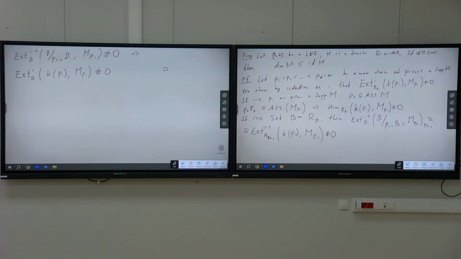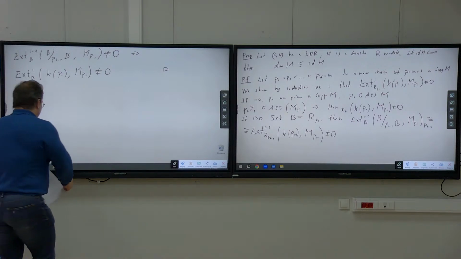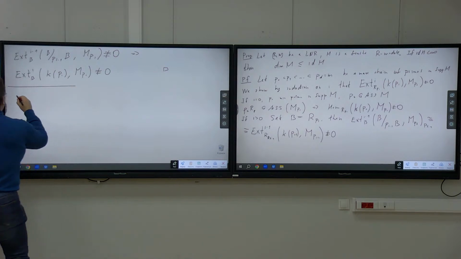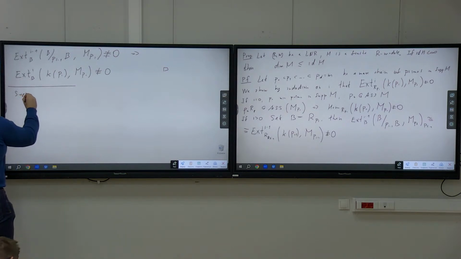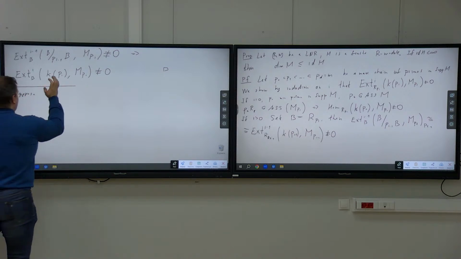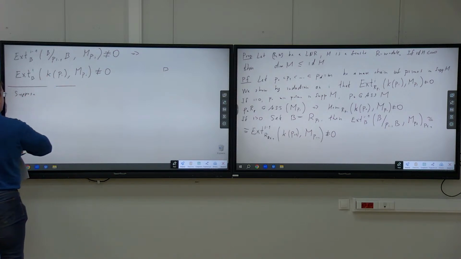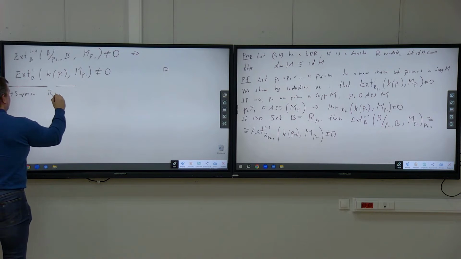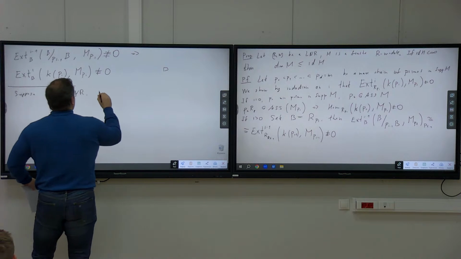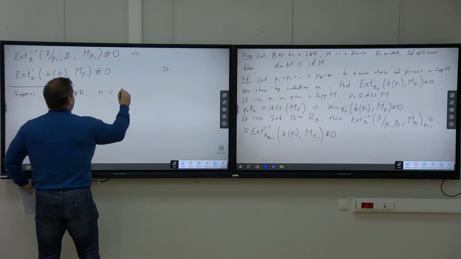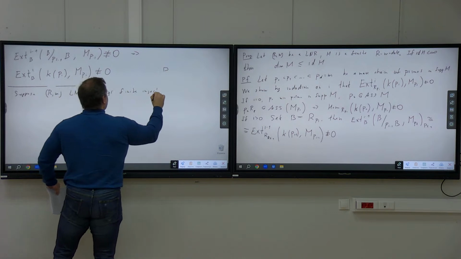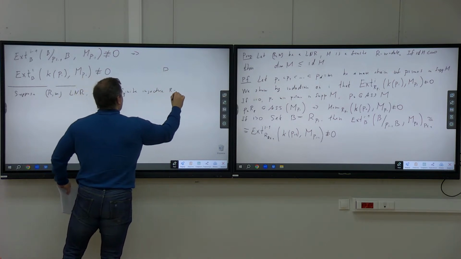Let's do this exercise. Let me comment about these results. So suppose, as before, we have a local Noetherian ring, and say M is a finite injective R-module.